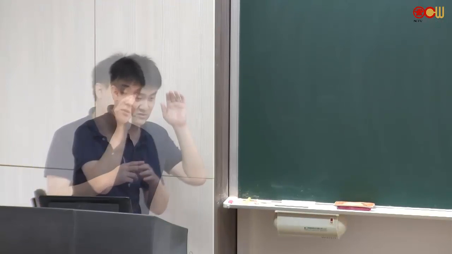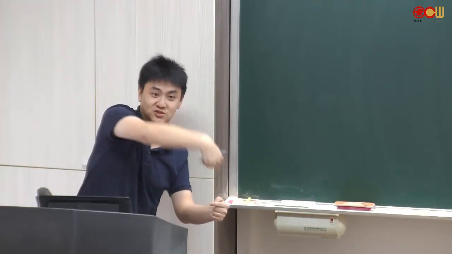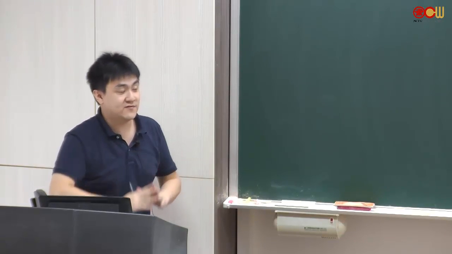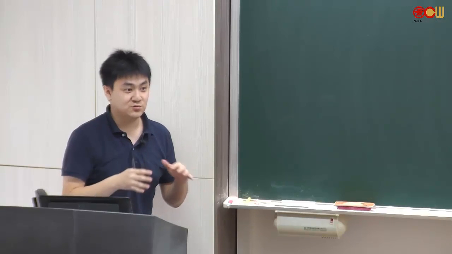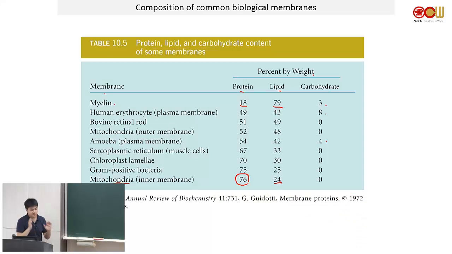It's actually the shell of your nerve cell, your axon, and then you have the myelin shell. So the primary function for myelin is to protect the cell, right? It doesn't have to talk to the outside too much. So think about what kind of cell you have, and then look at what kind of composition they have in terms of protein versus lipid. Makes sense, okay? Everything makes sense.